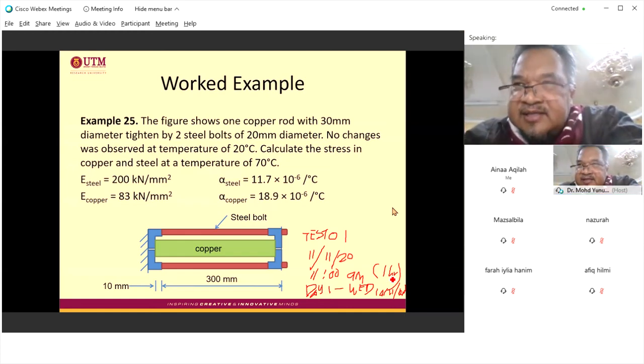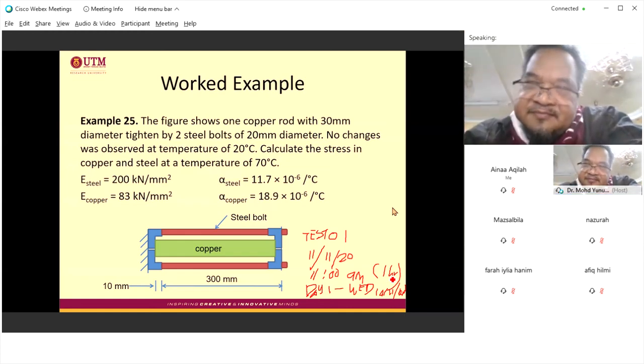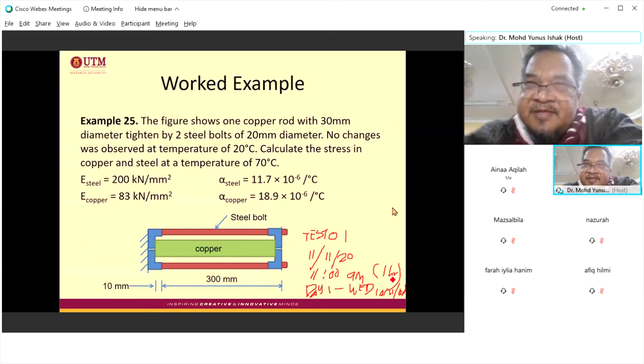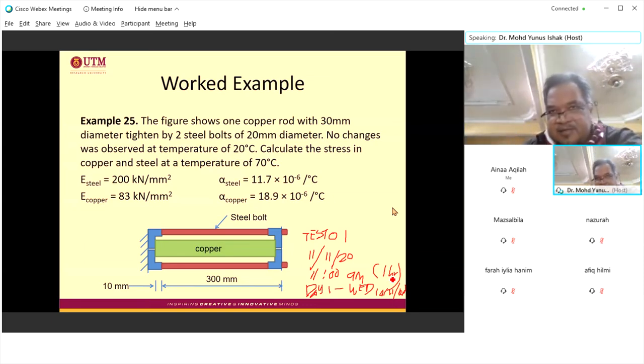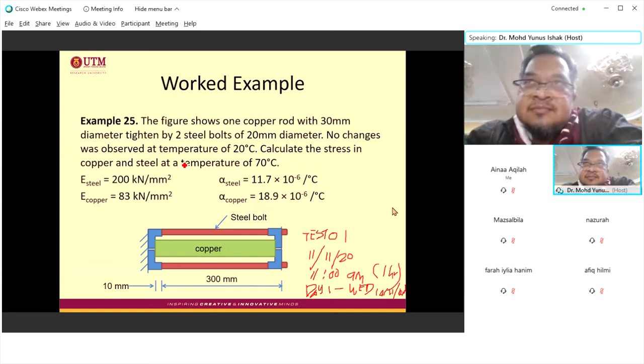Study semua, nanti ada cukup 1 jam boleh jawab. Okay. So, started from day 1, example 1 until today we'll finish at example 25 and tutorial. Okay.